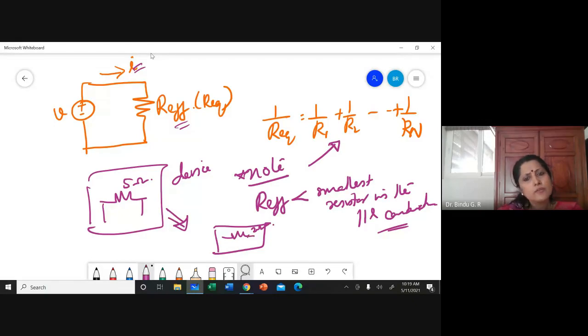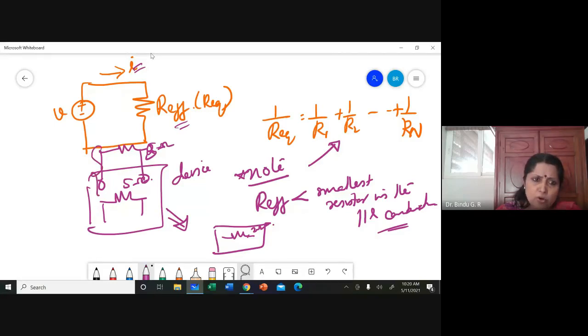But I may not be able to do that because I don't have the freedom to interfere with the already existing network. So what I can do is add something externally, a parallel resistance, maybe some 1 ohm, 2 ohm, 3 ohm, or 5 ohm itself.